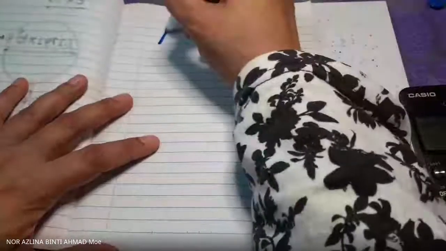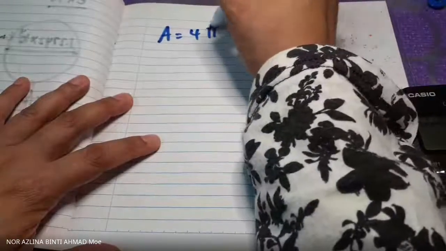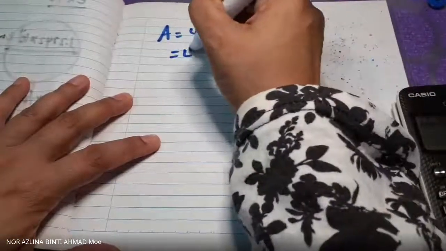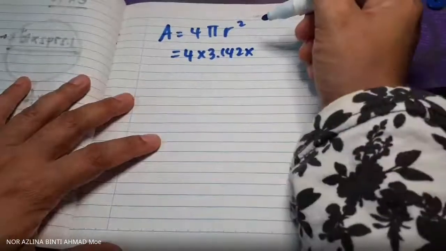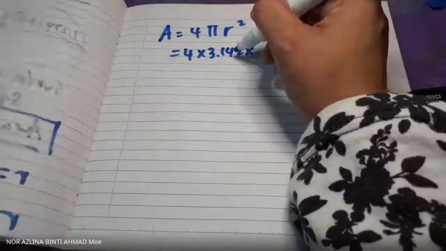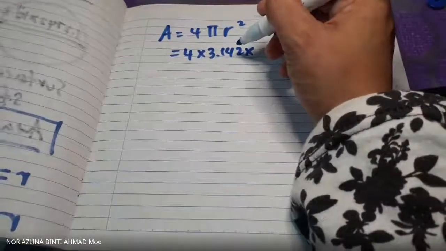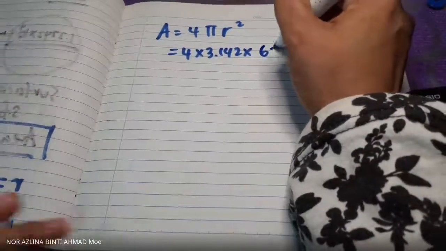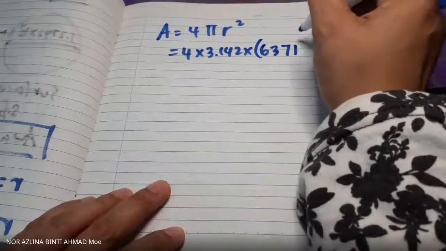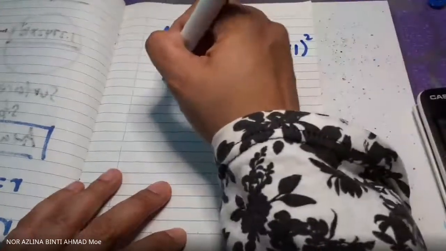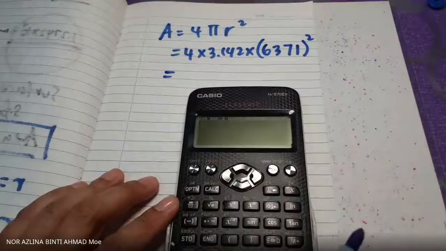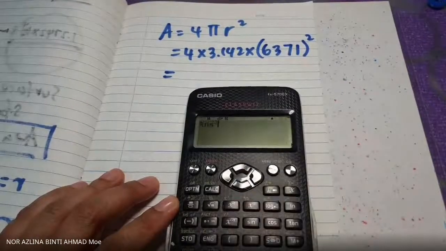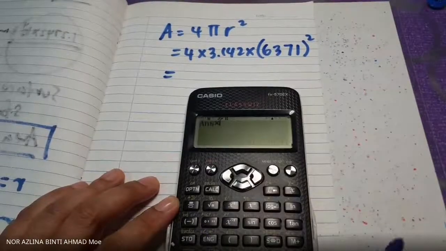So area equals 4 pi r squared. 4 multiply pi, which is 3.142 because the question gives you the value of pi, so you need to use it. Then the radius is 6371 squared.